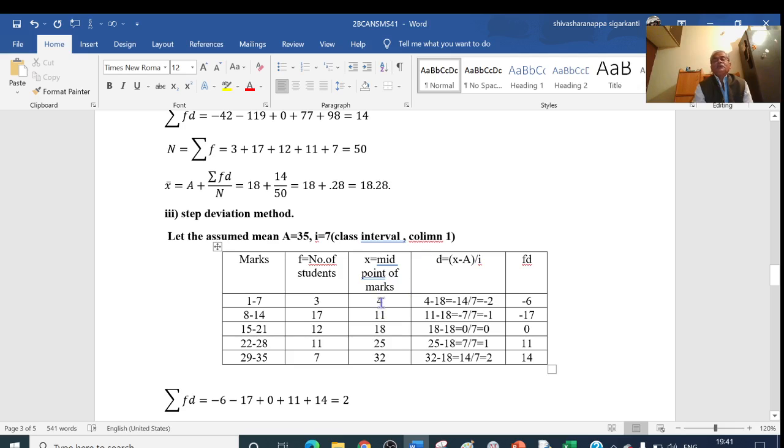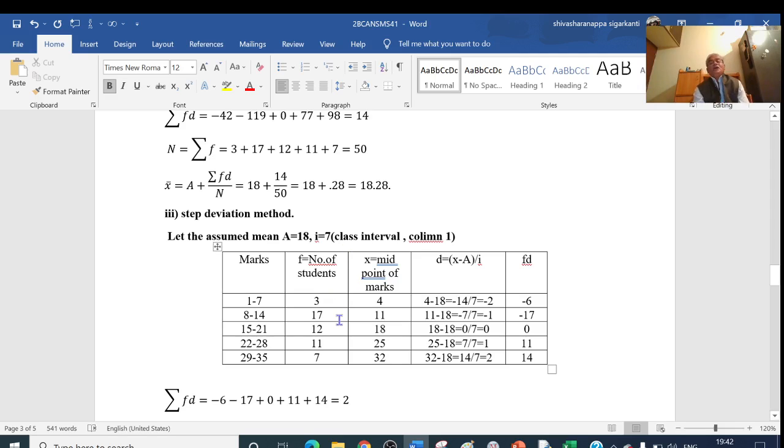So x is equal to 4 minus 35. Sorry, not 35. I will assume this as 18.